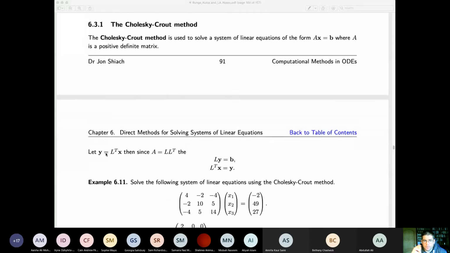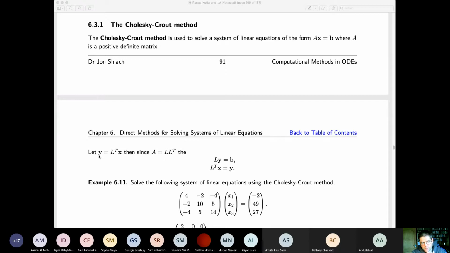Now, the Cholesky-Kraut method. So this is the Kraut method, which is applied to Cholesky factorization. So remember, we're solving a linear system of the form AX equals B, where A is positive definite. Okay, so we calculate Cholesky factorization. So instead of A, we've got L times L transpose.